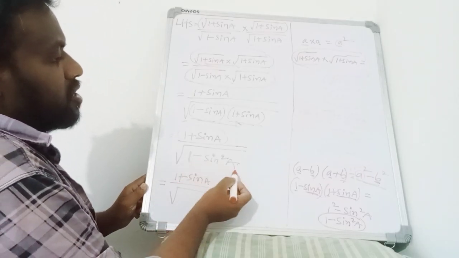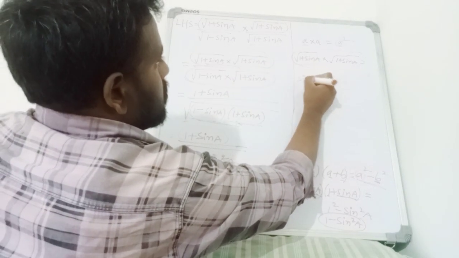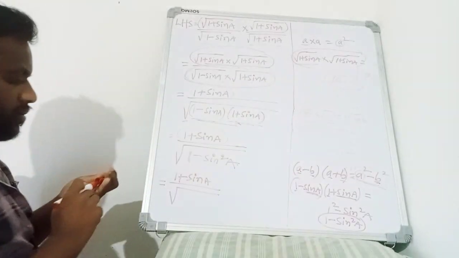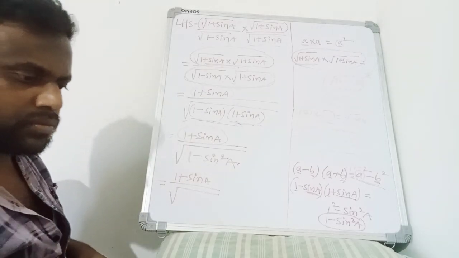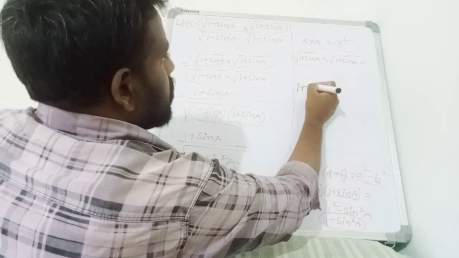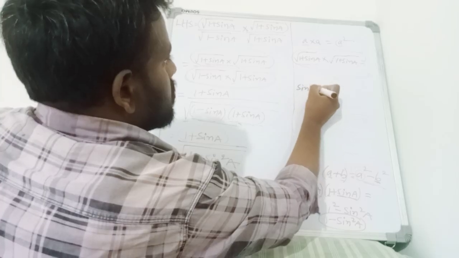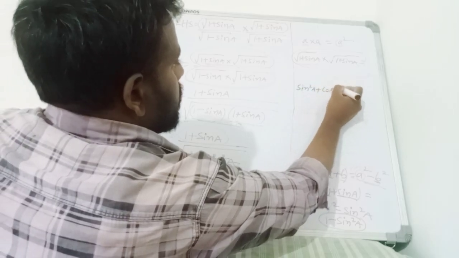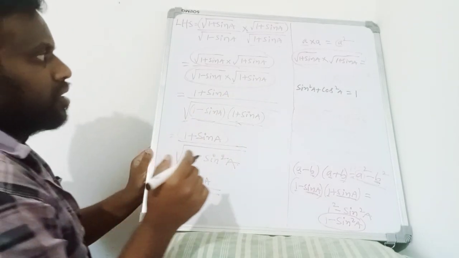Here, see 1 minus sin square A. So we have a formula. Sin square A plus cos square A is equal to 1. This is the standard formula.